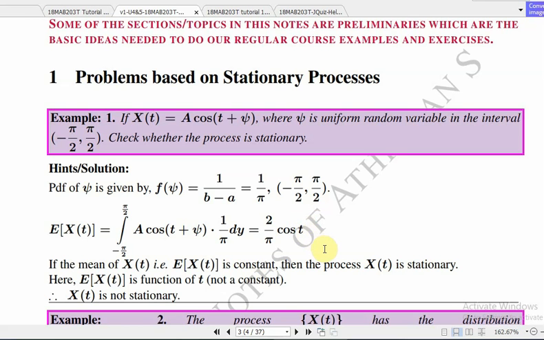But if we want to prove a function is WSS, you need to go one more step ahead. First prove E of x of t is constant, and then Rxx of tau, the autocorrelation function, depends only on the time difference. That time difference we will take as tau.